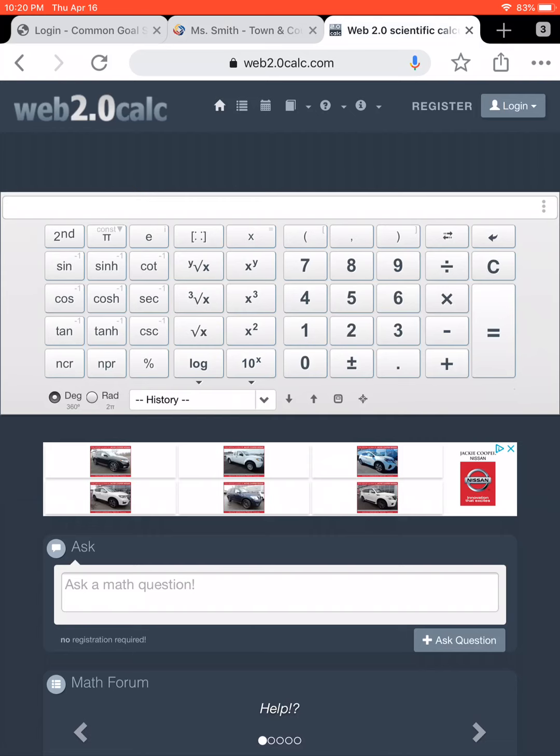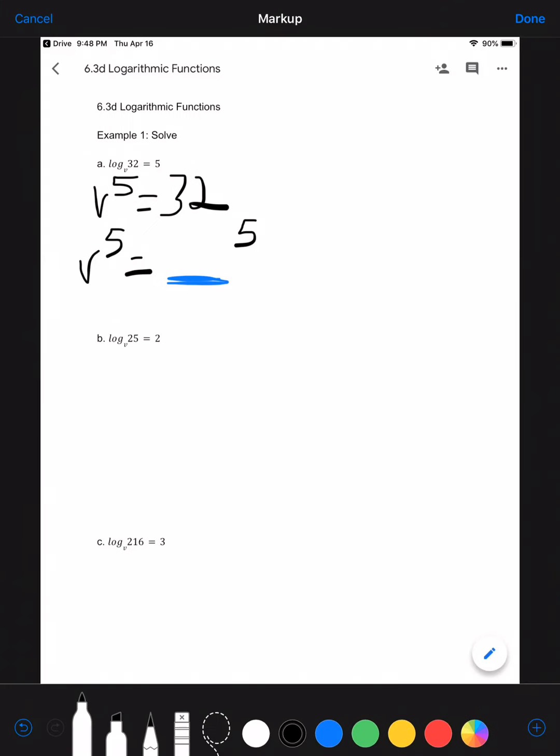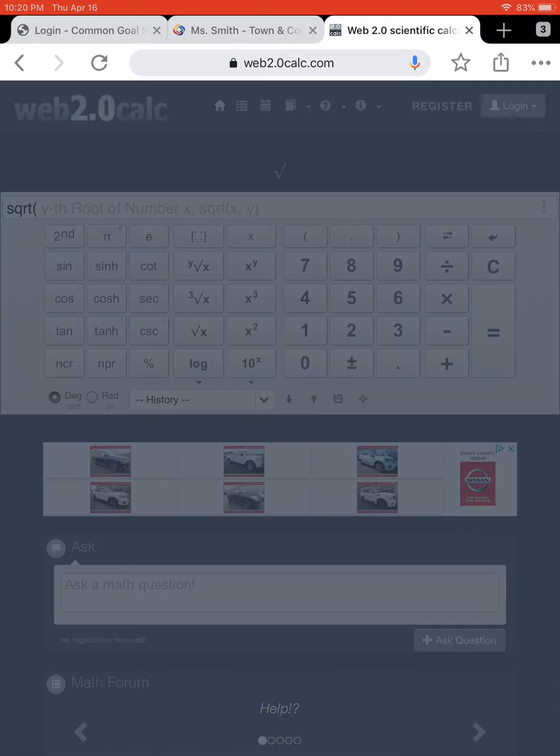So the easiest thing to do is you're going to hit this y square root x button, and it's going to come up and say square root y term, the root x, whatever. Kind of ignore that. But the first thing you're going to put is whatever your big number is. So our big number in this case is 32.